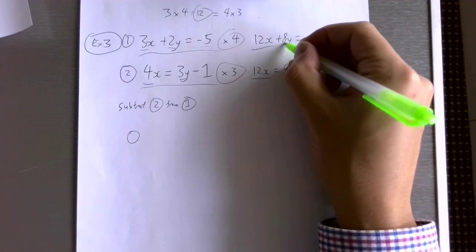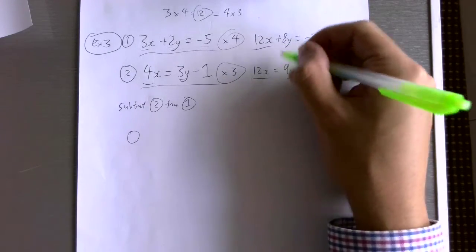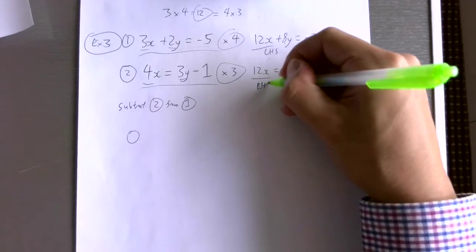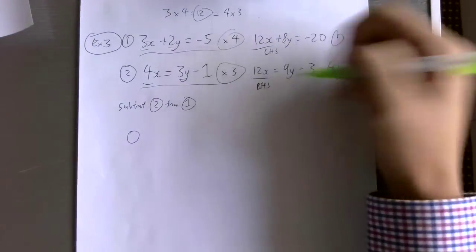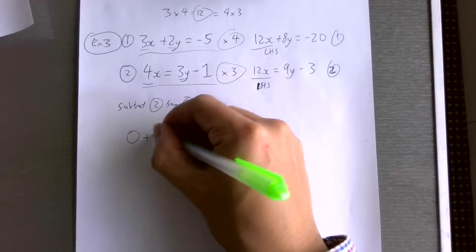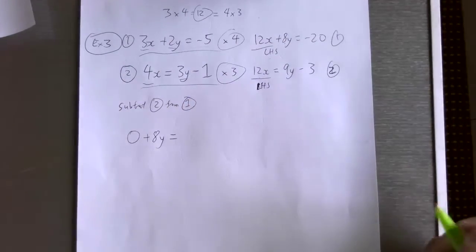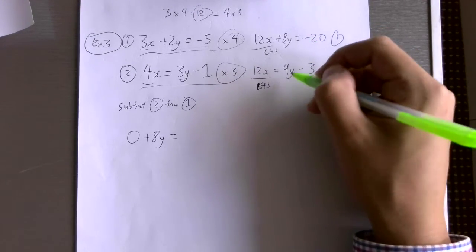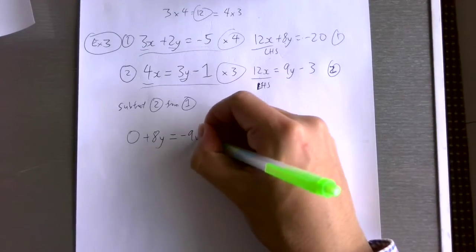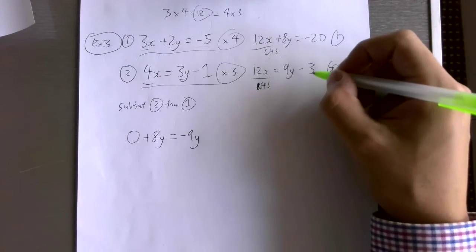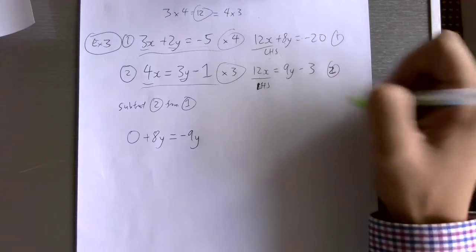We have 8y minus nothing. So remember when we have the left-hand side and the left-hand side for these two equations, that's what we're subtracting. So we're just going to have a plus 8y here. We're going to have nothing minus 9y, so we're going to have a negative 9y on this side. And then finally, we're going to also have minus 20 minus 3.